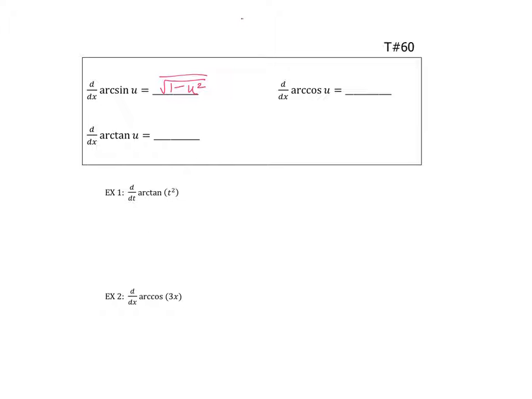But remember when it was just x, when it was arc sine of x, the derivative of that, we got 1 over the square root of 1 minus x squared. What is the derivative of x? 1. Well, that's what shows up here. So what this really is, if it's something more than just x, it's u prime. So I memorize u prime over the square root of 1 minus u squared.